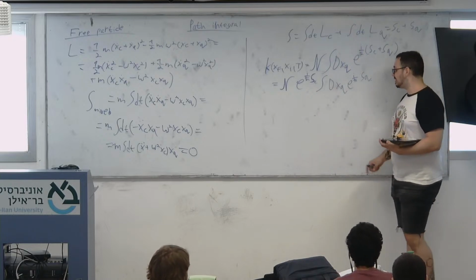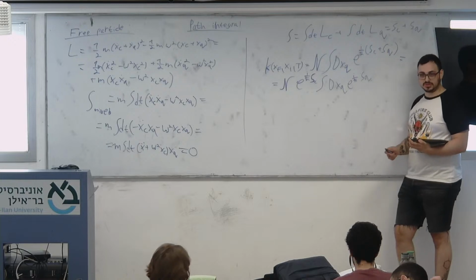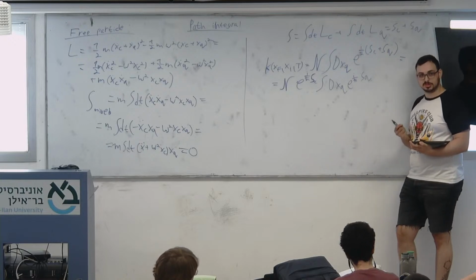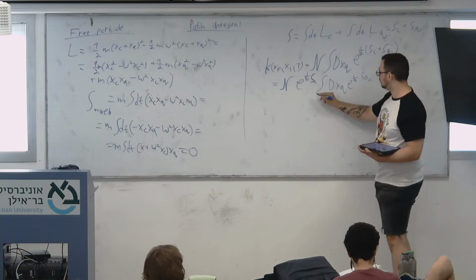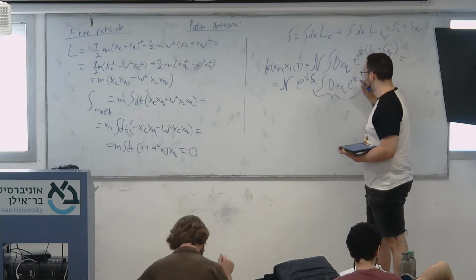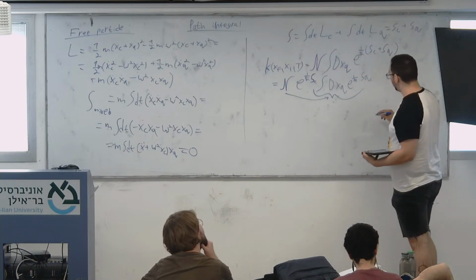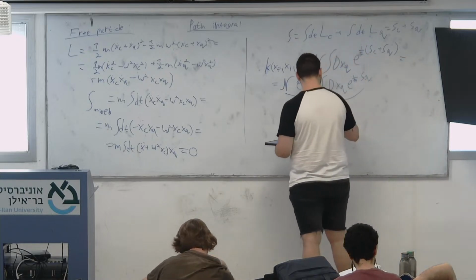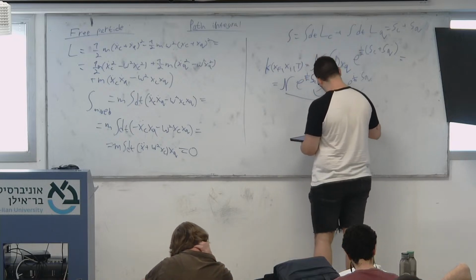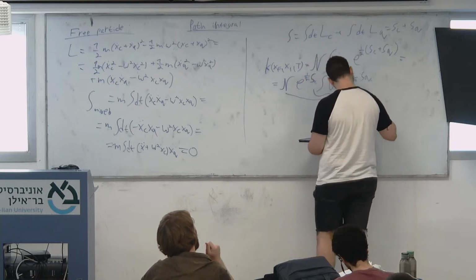Right. Since S_Q is just measured fluctuation, not actual position in space, we can just say that this will be the propagator from 0 to 0.